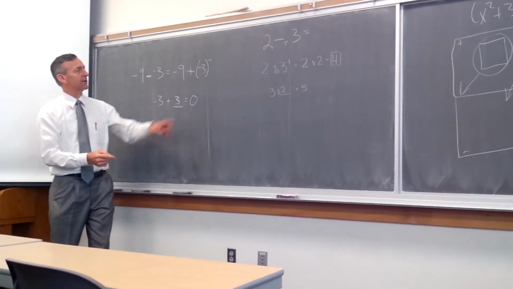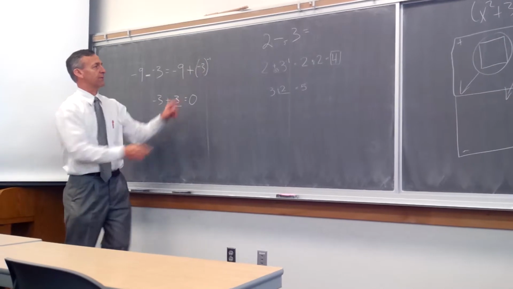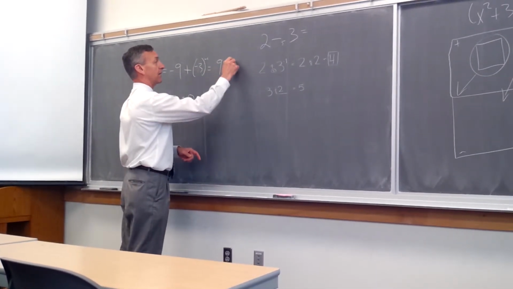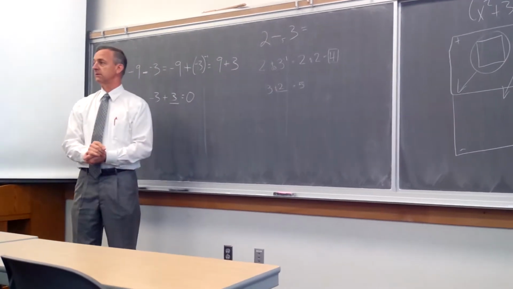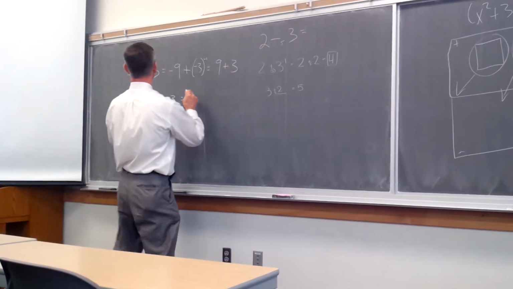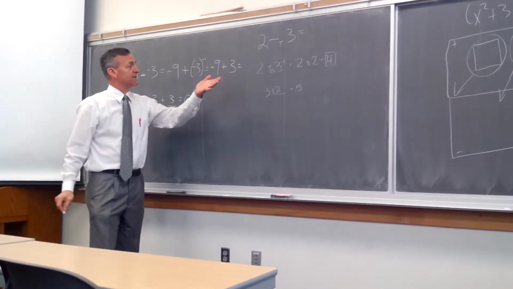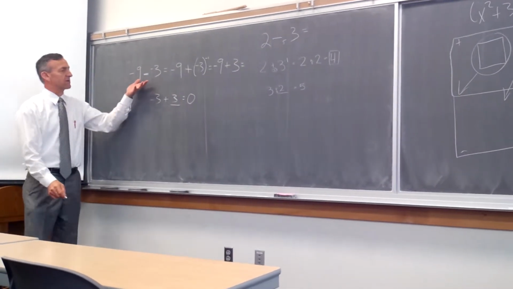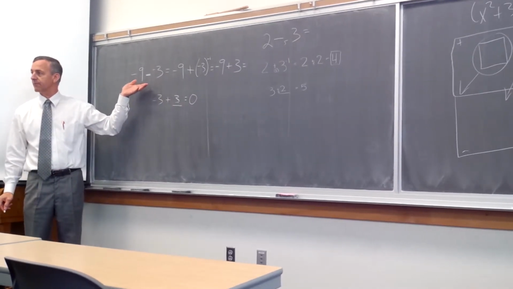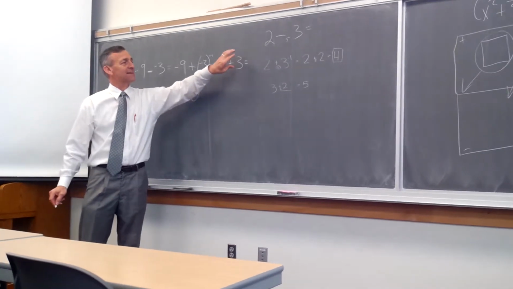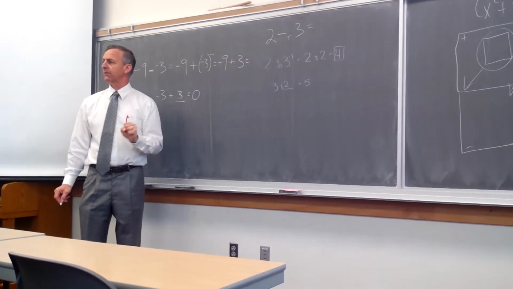So now, up here where I've got the inverse of negative 3, I'm going to rewrite that and say the inverse of negative 3 is 3. Oops, I've left my negative off. So now I do this addition problem instead of this subtraction problem. Instead of subtracting a number, I'm adding its additive inverse.